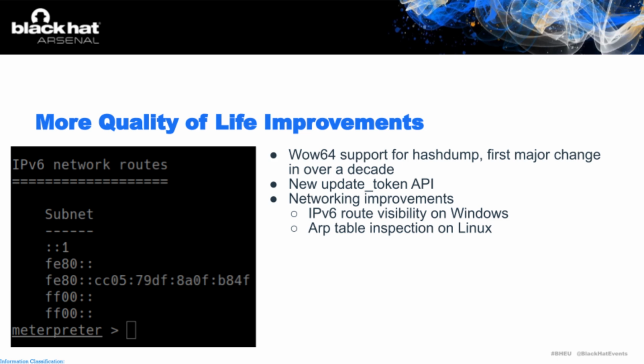In addition to that, the Linux Meterpreter also has ARP table inspection, so you can see the hardware addresses of hosts that are on the network. Again, we think that's really going to help users identify additional targets. Now, with that, I want to go ahead and check out a demonstration.